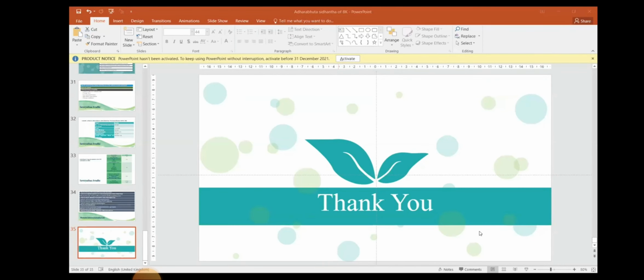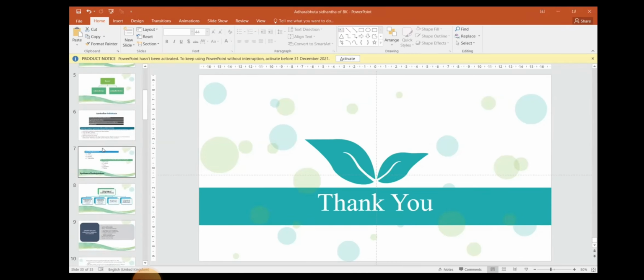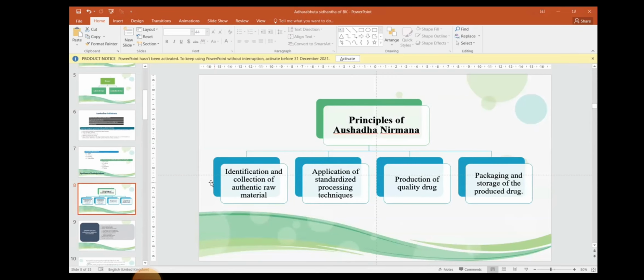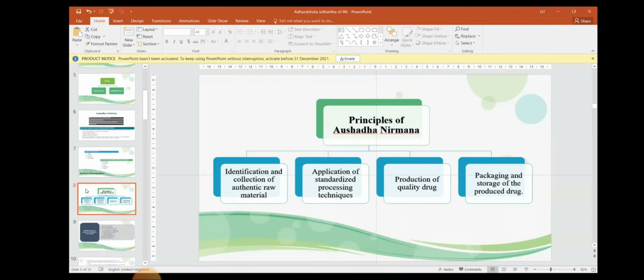Here we end the discussion of the basic principles of Aushadha Nirmana in Rasa Shastra and Bhaishajya Kalpana. In Bhaishajya Kalpana, we talked about the basic principles of Aushadha Nirmana as four different processes, from identification till the packaging of the produced drug.